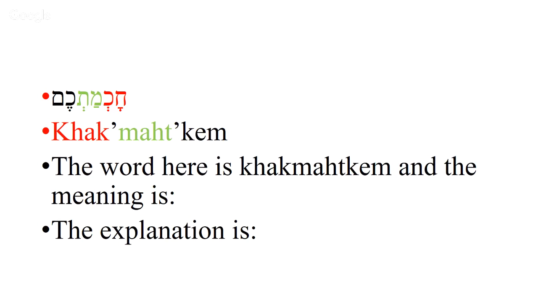Now, one of the things we want to emphasize and point out in this particular aspect, brothers and sisters, is this here. Looking at this more meticulously, you have hakmatkem there, the kaf with the shewa, joining that together. All right. Then in the green, you have the mem, and that tav has the shewa with it.